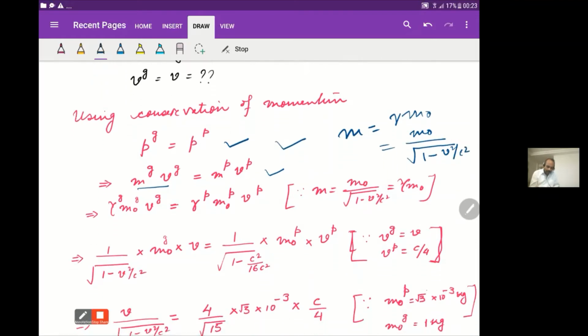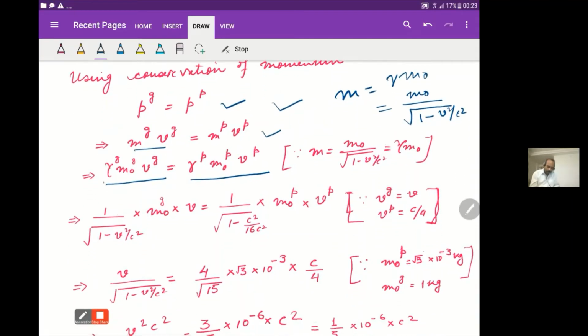So using that concept, for gun, we can write gamma g m naught g vg is equal to gamma p m naught p vp.